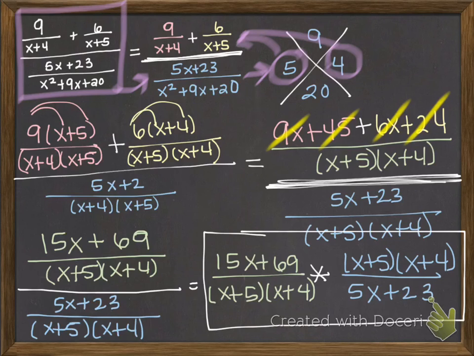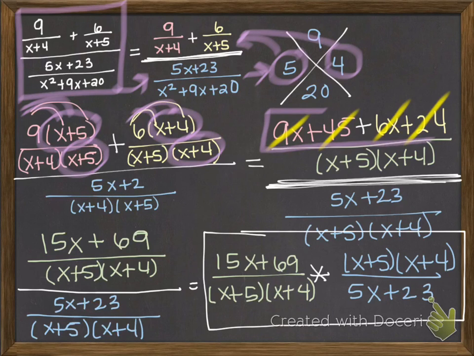We turned these into one fraction with the same denominator by building up the numerator here. We carried the 9 and the 6 into the binomials to create this numerator right here. We simplified like terms, and that gave us this new fraction right here.